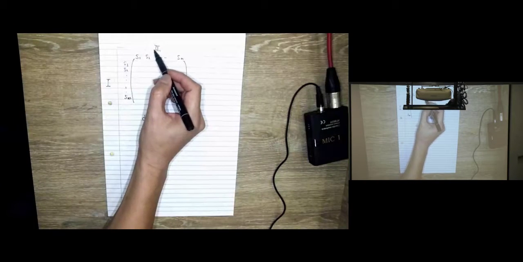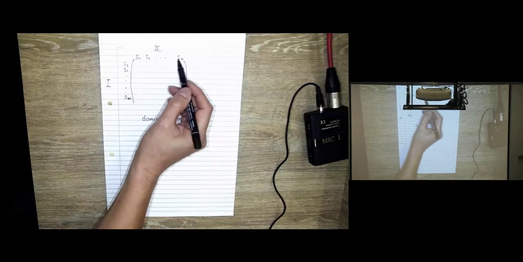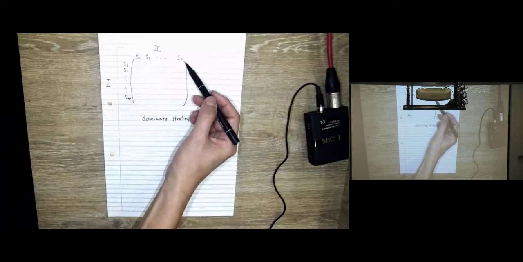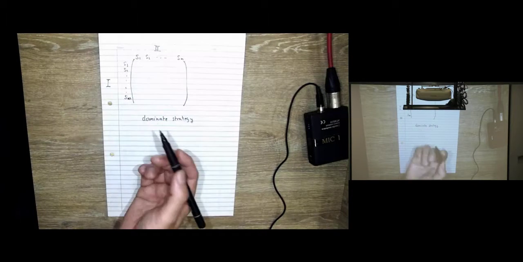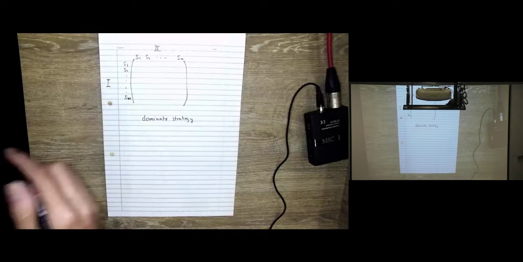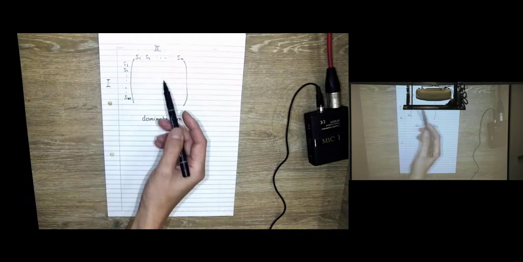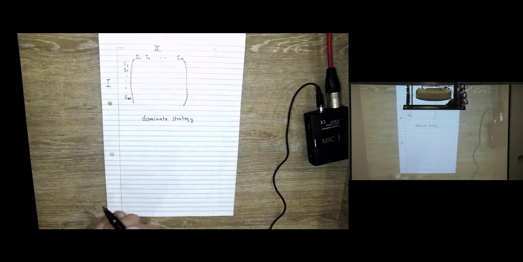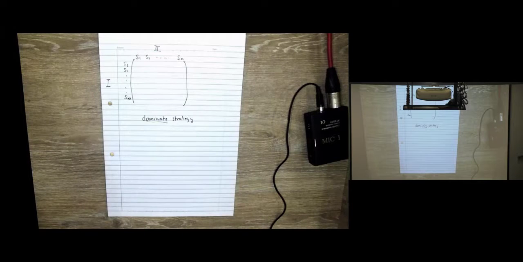Player 2 has n moves, S1, S2, and so on, possibly n moves. Player 1 in general could have m moves. I don't care. So player 1 has a bunch of strategies, and player 2 has a bunch of strategies. Now, when we use the word dominant, we describe a strategy.